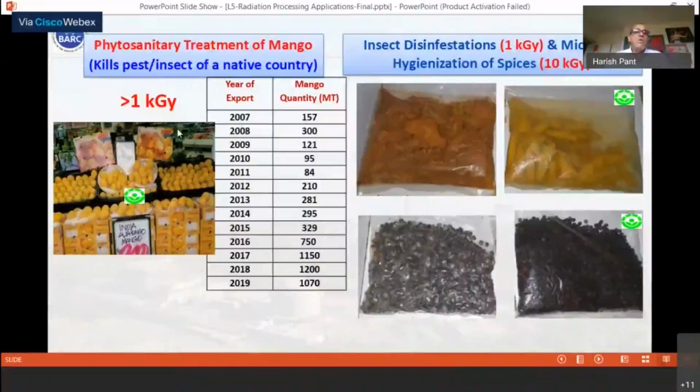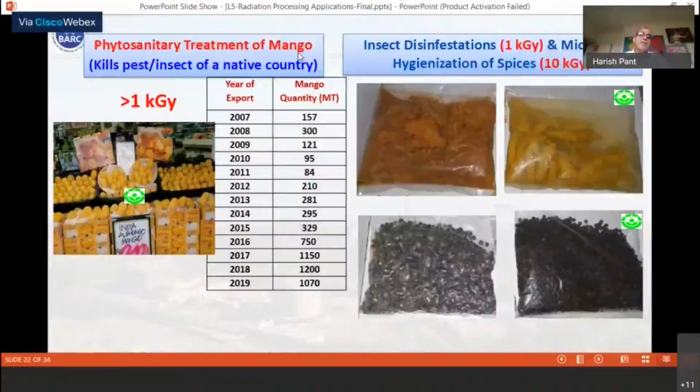Mangoes, as I told you, radiations are also used for the phytosanitary treatment of mangoes, meaning the killing of pests or insects of any native country.